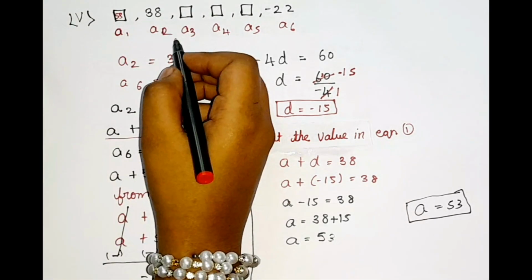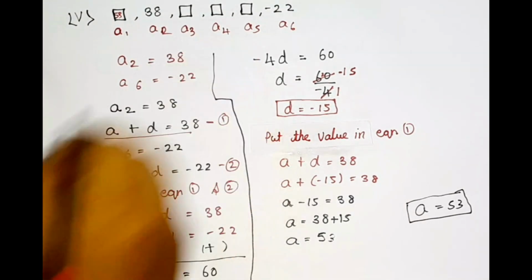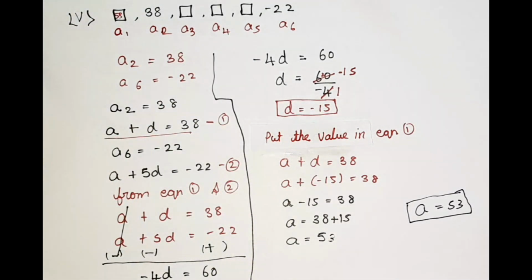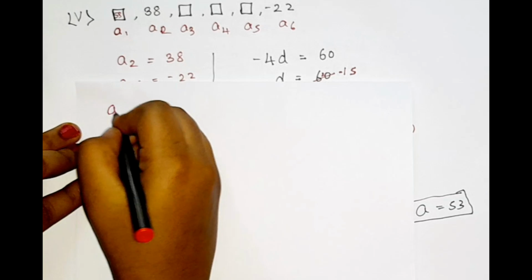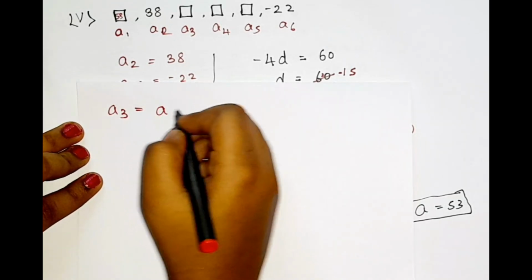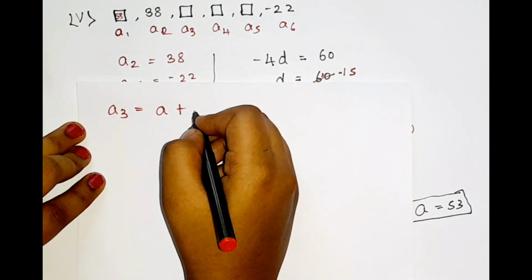Alright, so now finally we got the A value, that is 53. Okay, now let us find the A3 value. So since we know the common difference, it is literally easy. So A3 is equal to A plus 2D, since the previous number of 3 is 2.